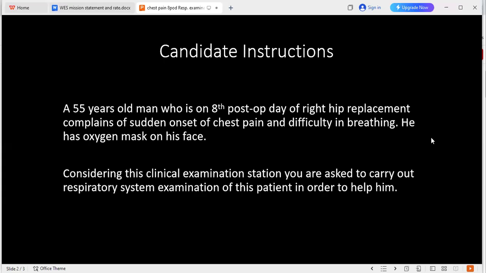Here is a 55-year-old male who is post-op day 8 of right hip replacement. He developed sudden onset chest pain with difficulty in breathing, with an oxygen mask on his face. On examination, on inspection, the upper respiratory tract was normal, the trachea was in the midline.